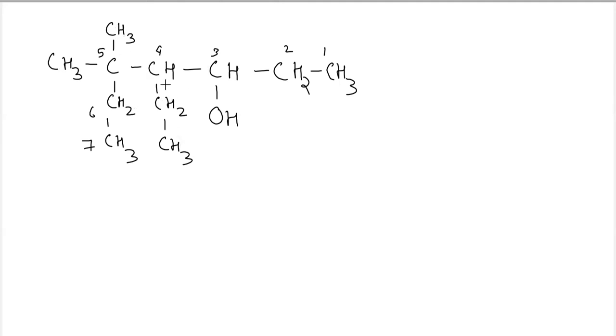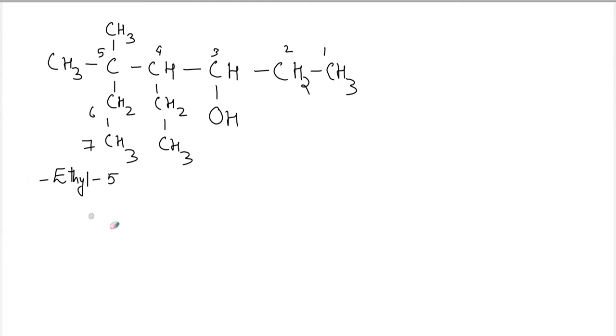Okay, so how will we name this particular compound? The naming of this compound will start like this. First we will give the position for the ethyl, so 5 ethyl. Then for the methyls, the methyls are present at the fifth position, and that is also 2 in number. Oh, sorry, 1 2 3 4. 4 ethyl it will be, not 5 ethyl, it is 4 ethyl.